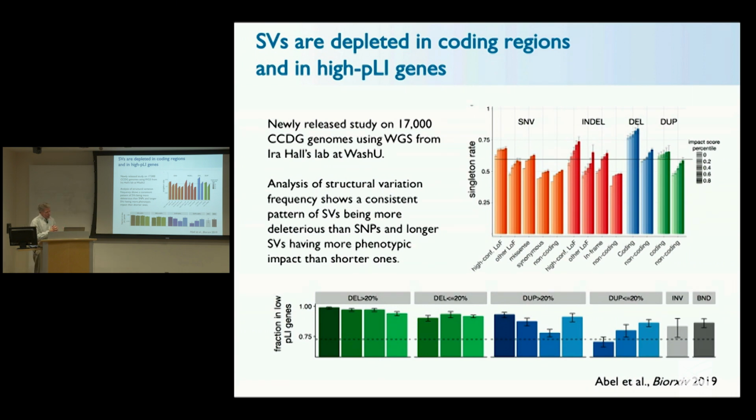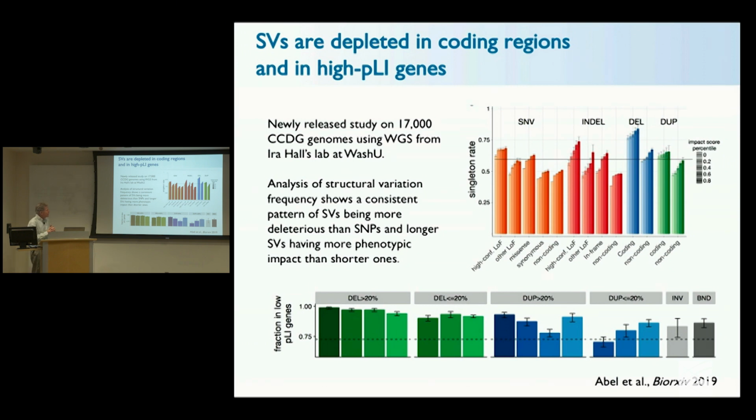And another thing that's sort of where the field is right now is beginning to look at really large cohorts, tens of thousands of people, with Illumina whole genome sequencing data, and looking at least at the structural variation we can analyze and ascertain in this kind of data set. There's a preprint out quite recently on bioRxiv from Ira Hall's lab where they analyzed 17,000 CCDG genomes.